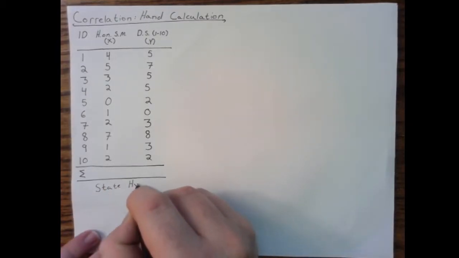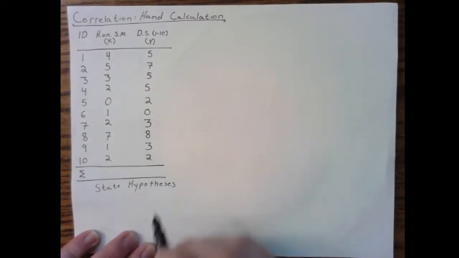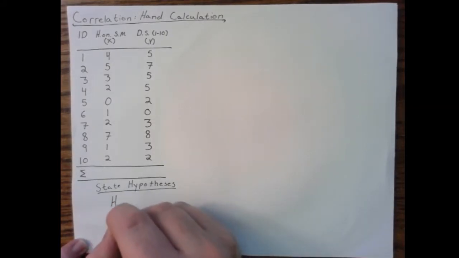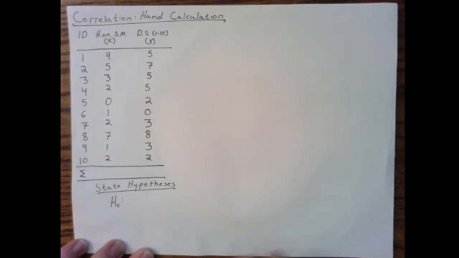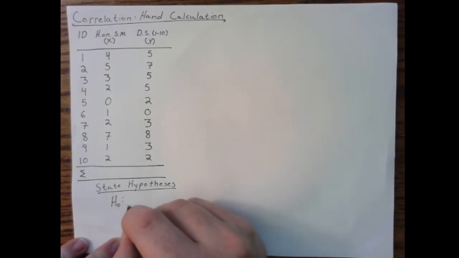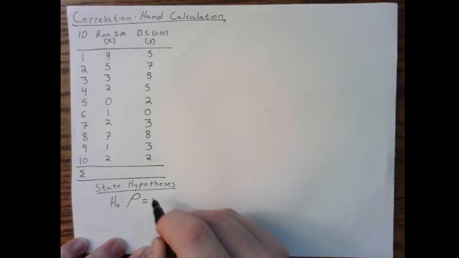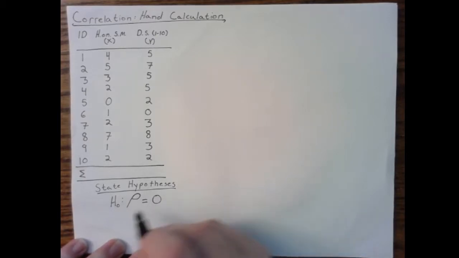And specifically, these are our statistical hypotheses, which would be our null hypothesis, represented by H sub 0. And this says that there's nothing going on, which would correspond to a correlation coefficient in the population of 0. And this would be the Greek letter rho, which really just looks like a P when I write it.